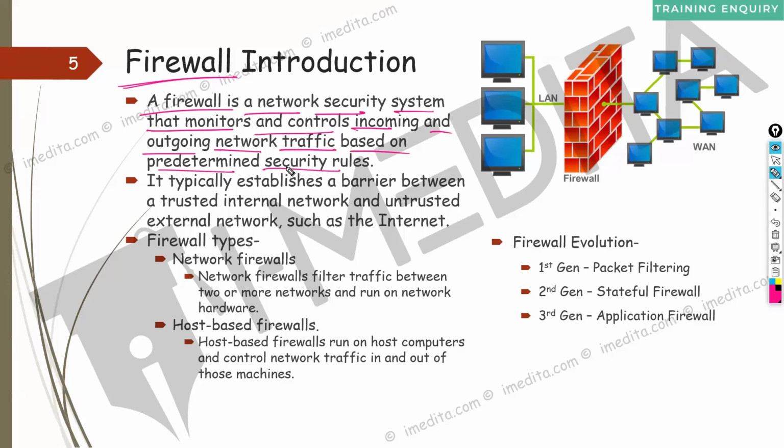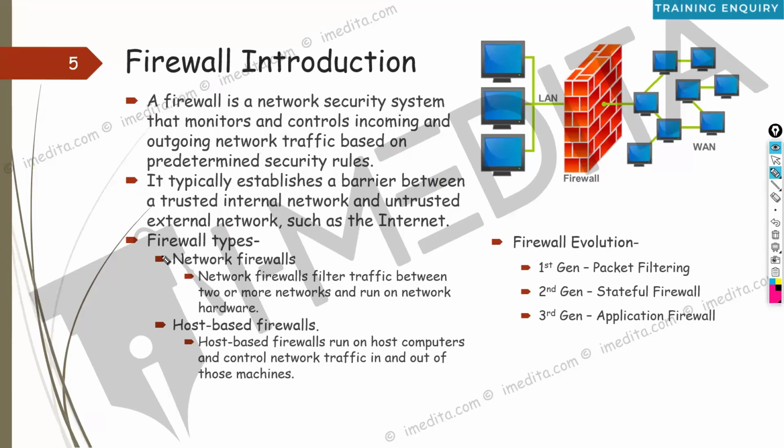Whatever rules you have configured, whenever traffic goes in or out through the firewall, the firewall will check the rules. According to the rule, firewall will filter the traffic, or we can say firewall typically establishes a barrier between a trusted network, which is our trusted network, and an untrusted network. Trusted network means internal network, and untrusted network means external network like internet.